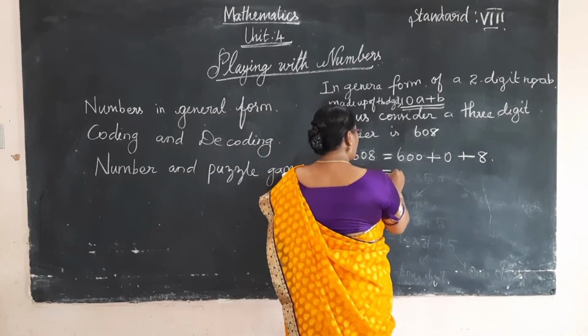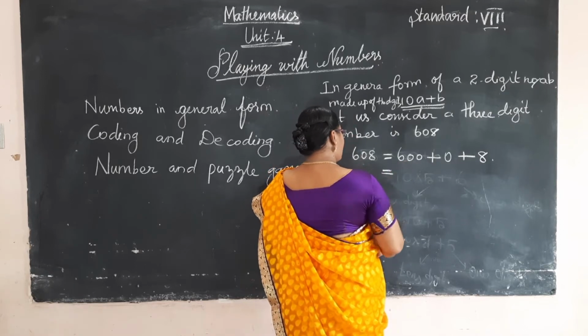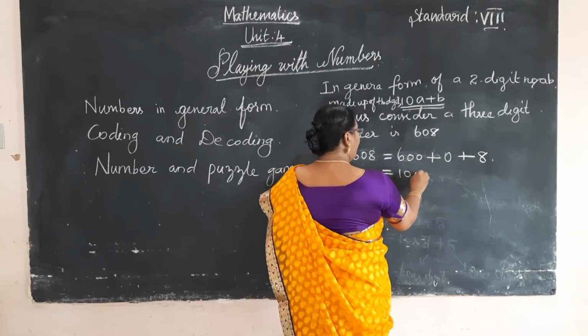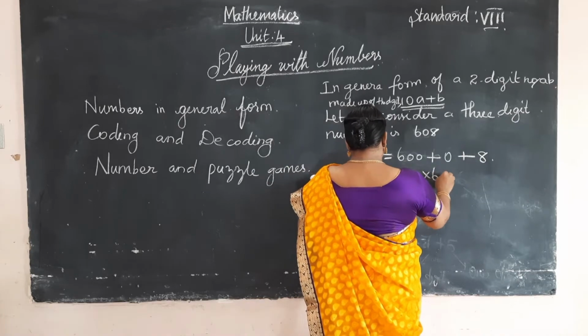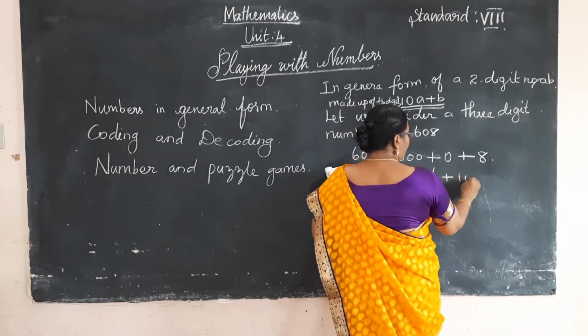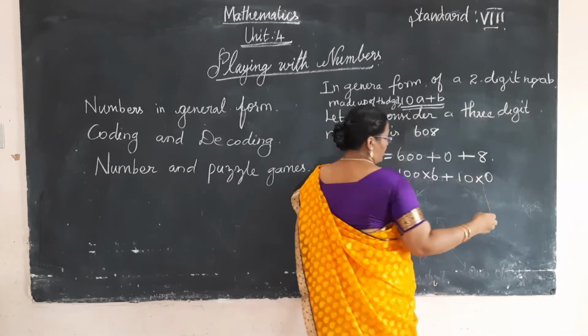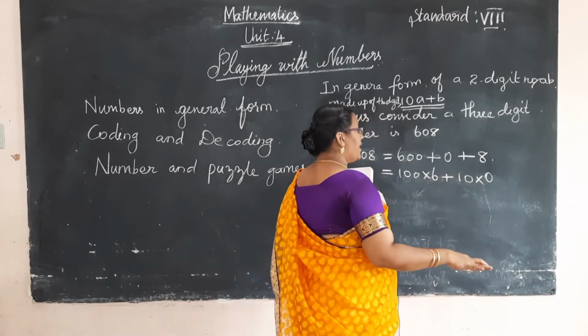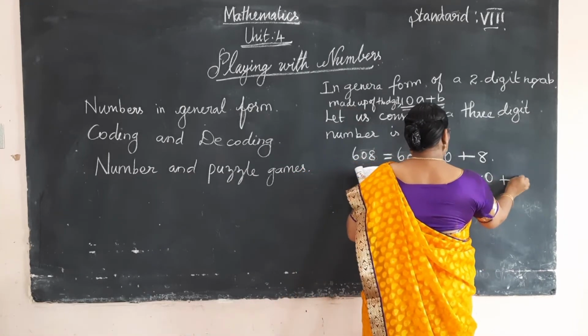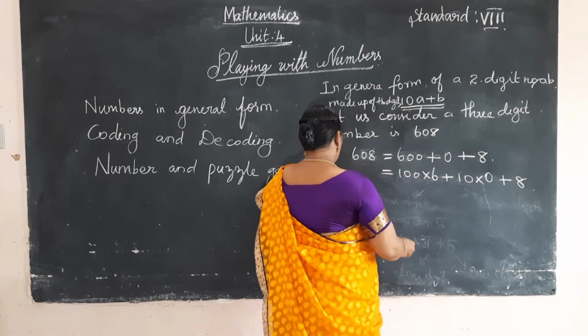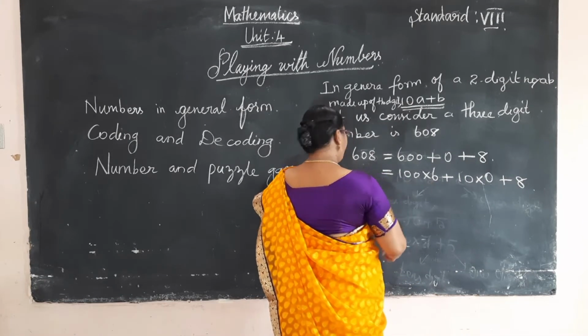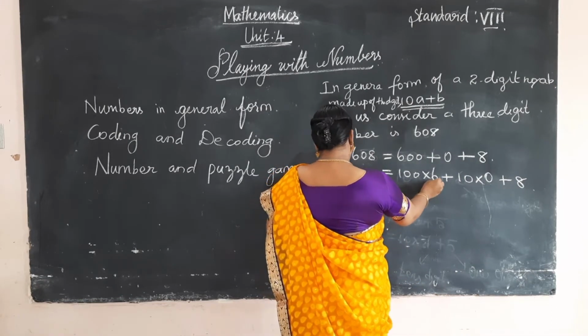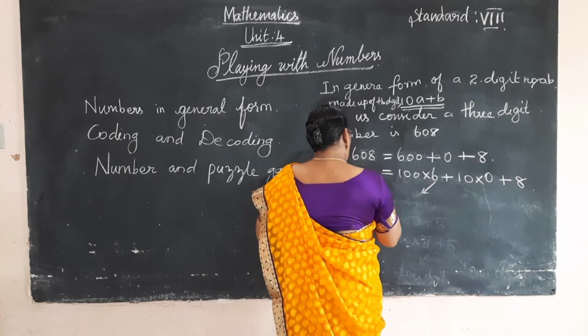Okay, and next how can you expand this 600? 100 into 6. Okay, so how many tens are there? 0 tens. Is it? Tens is not there. And then plus how many ones? 8. So this is a hundreds digit, is it?